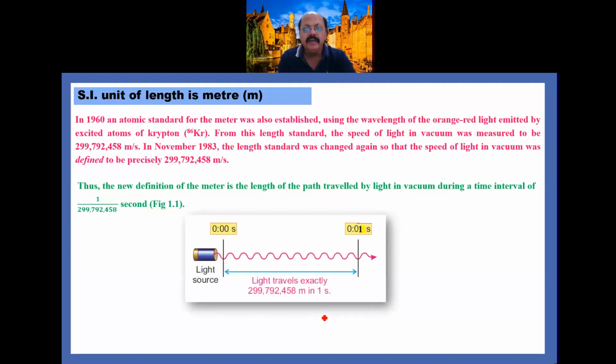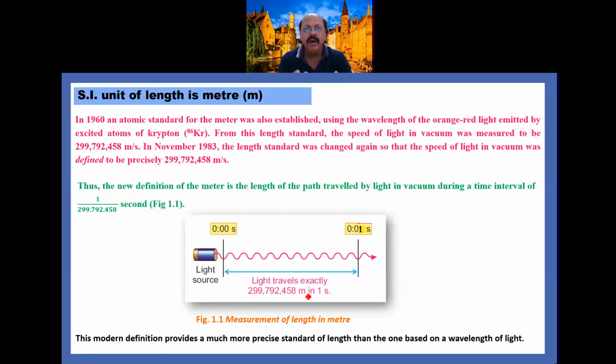Here we are taking a light source, from it the light wave travels, and after 1 second it travels a distance of 299,792,458 meter.